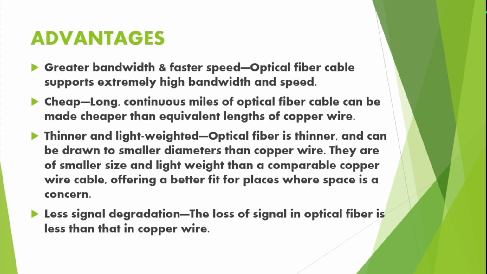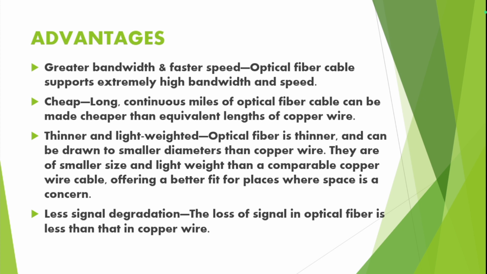And the second one is that it is very cheap. Here long continuous miles of optical fiber cable can be made cheaper than an equivalent length of copper wire. As compared to other systems, it is cheaper, and low attenuation is there.